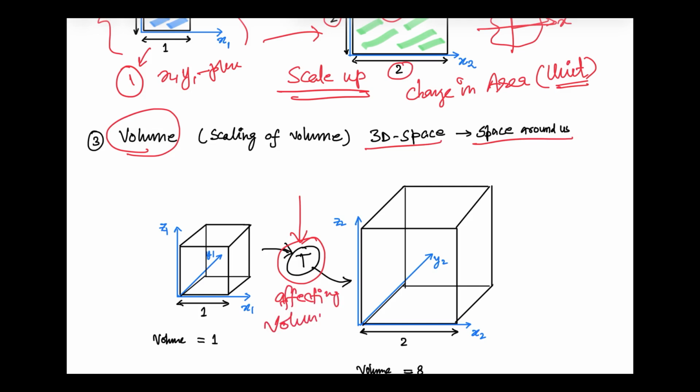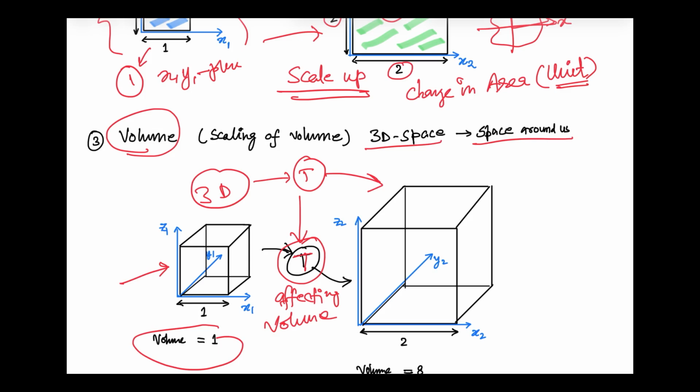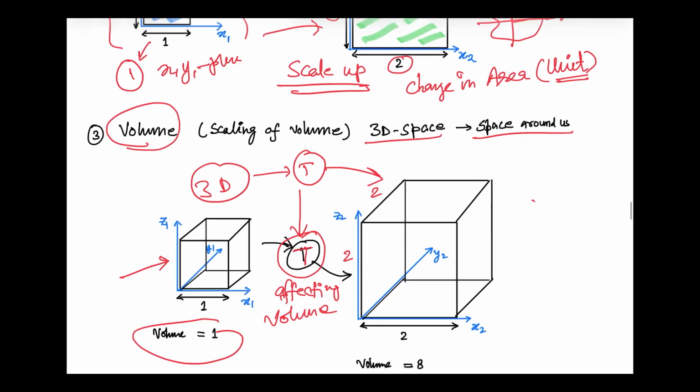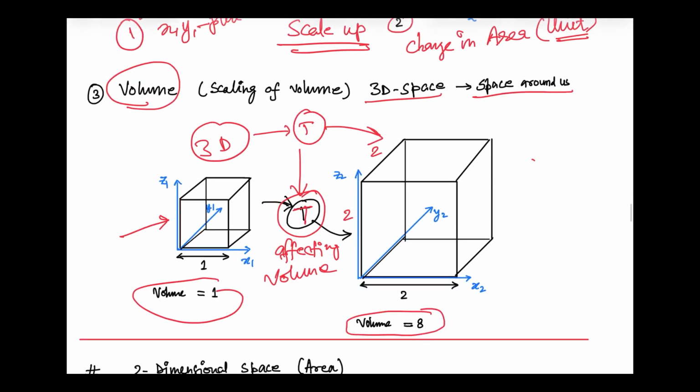So if there is a scale up operation, for example, in this case, we have a unit volume of 1, and this transformation T is transforming this particular space. This three-dimensional space is transformed by a transformation matrix, let's say T, and this is what we are getting, the final output. And in this case, we see that the volume is 8. So the transformation is scaling up or expanding the space.